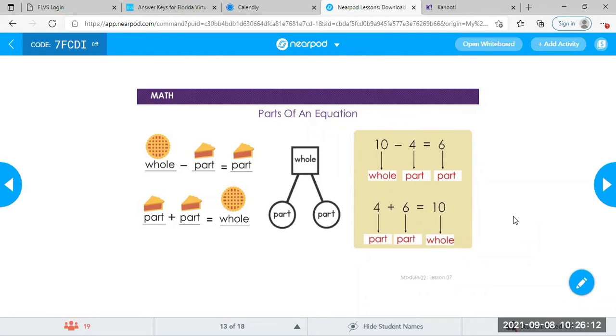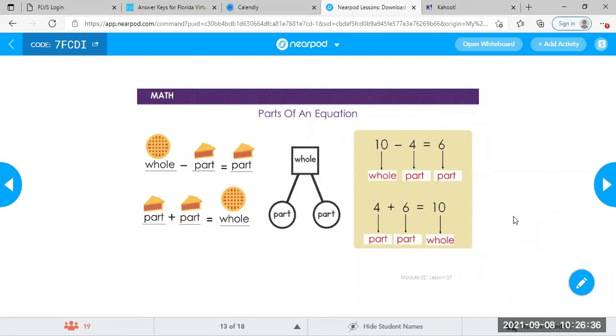So if you have a problem, and let's say that Christopher said, I have 3 and I need to know how many more I need to make 10. So I'm missing a part. I have 3, but I need all 10. What's that missing part? Number bonds help with missing parts.